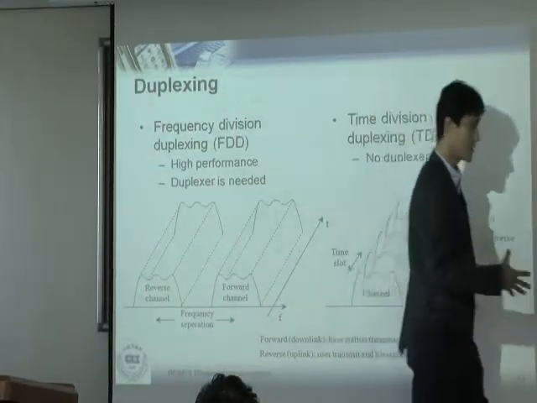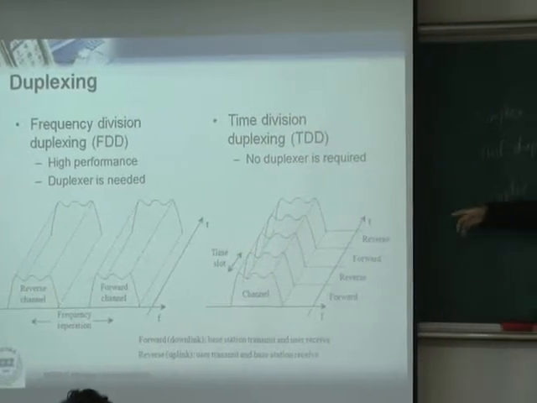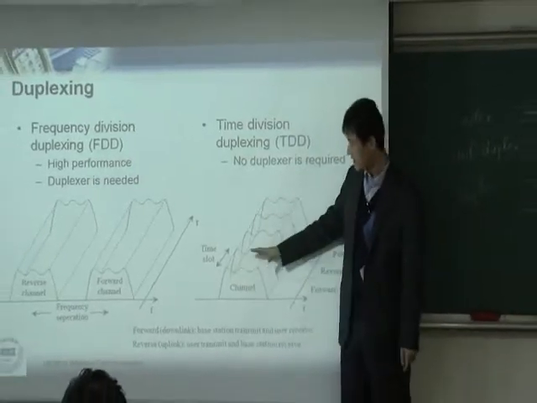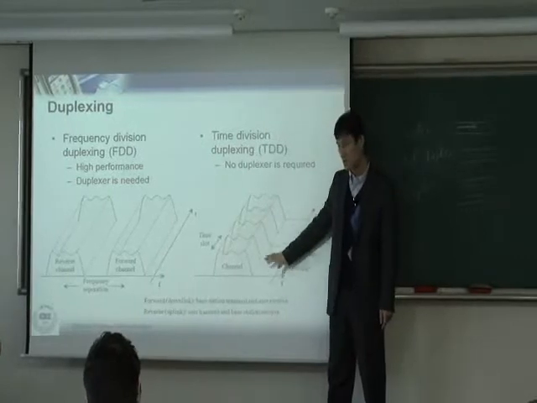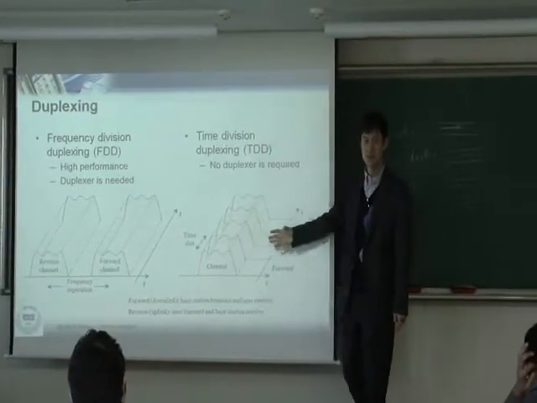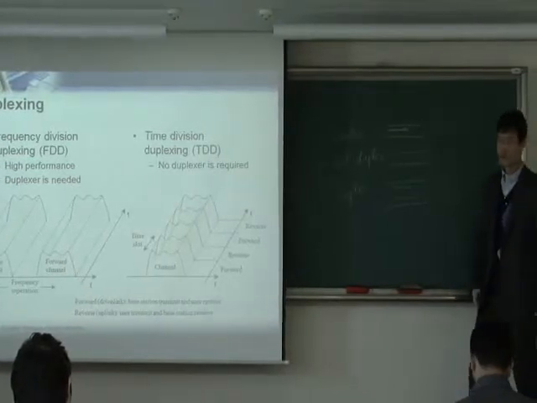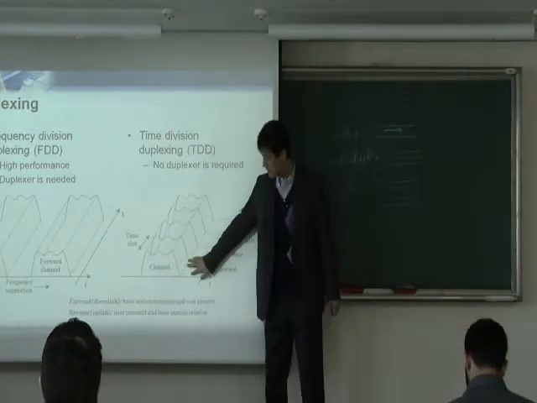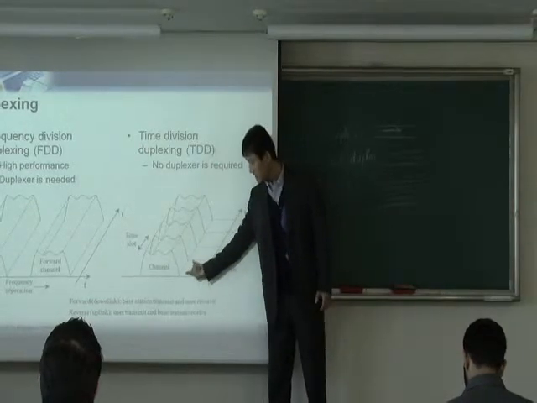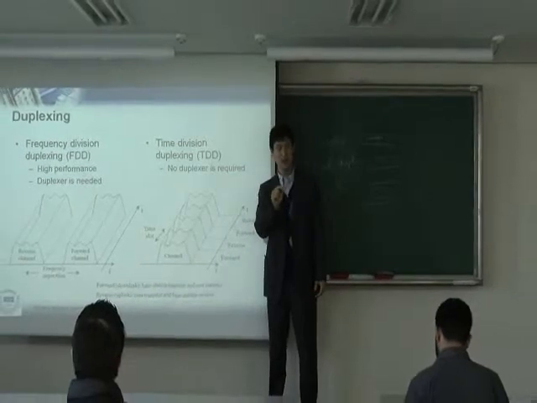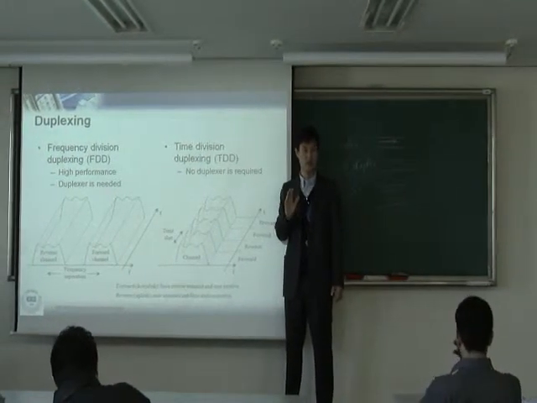This looks like half duplex, because there's only one lane, divided by time slots, and for each time slot you transmit or receive. But the size of the time slot is so tiny that people cannot tell.